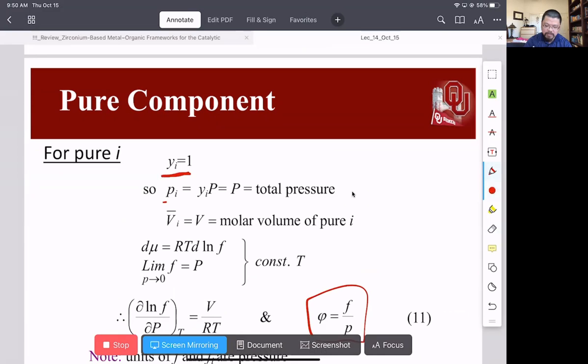And the partial pressure of that component is just the total pressure. And the same story for the partial molar volume: it is just the molar volume of that pure component. So if this is the case, we can simply get rid of the i, moving from d mu i, which is RT d log Fi, and that should be the equation over here.